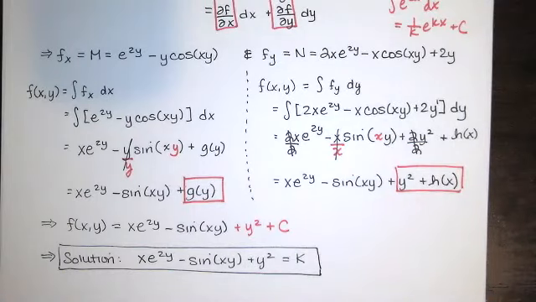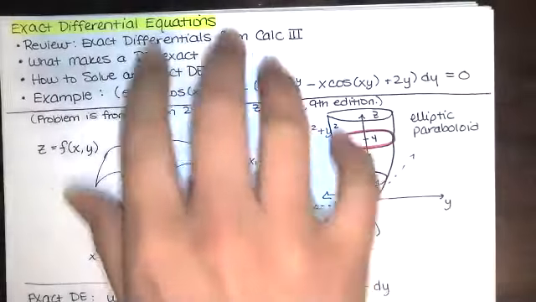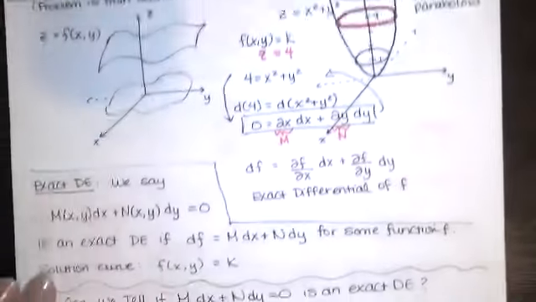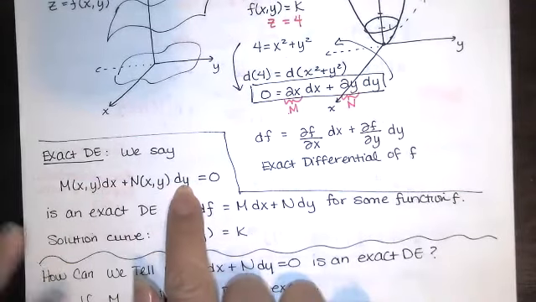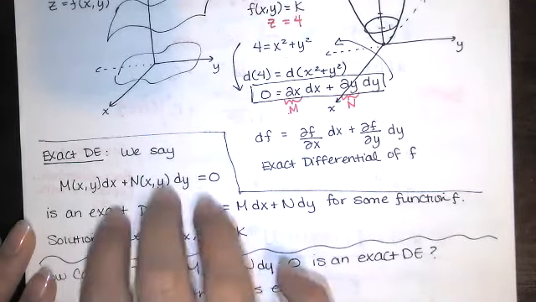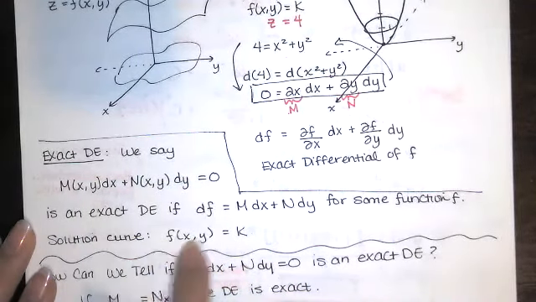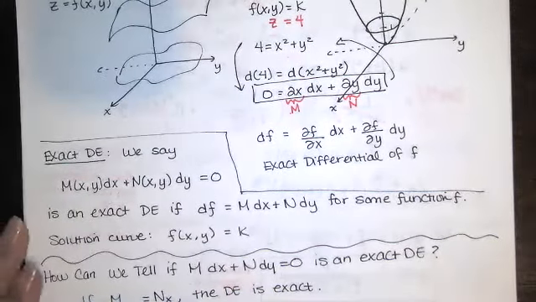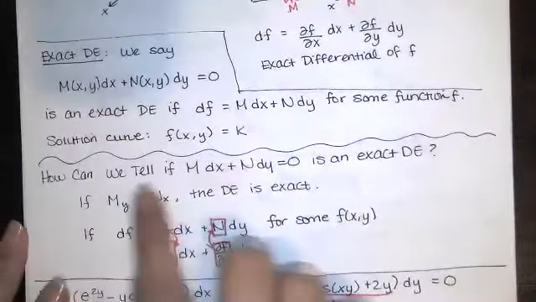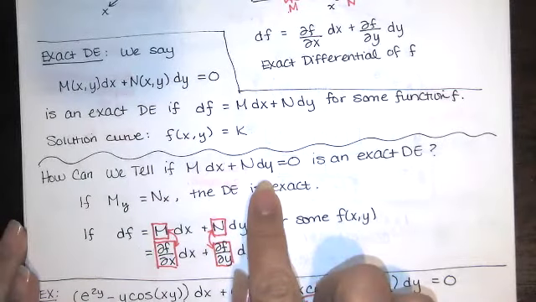Okay, so brief recap. What makes an exact differential equation exact? Well, if this is the exact differential of some function, then the solution to this is that function f of xy equals k. And the question is, how do you know if that's an exact differential of some function?